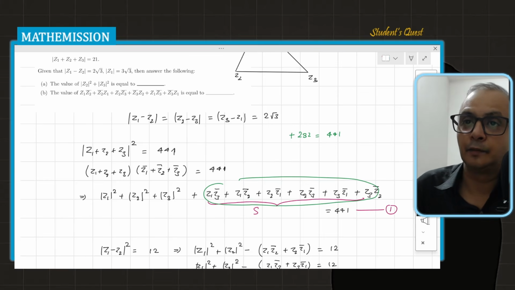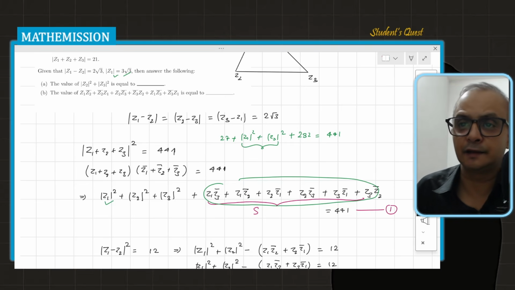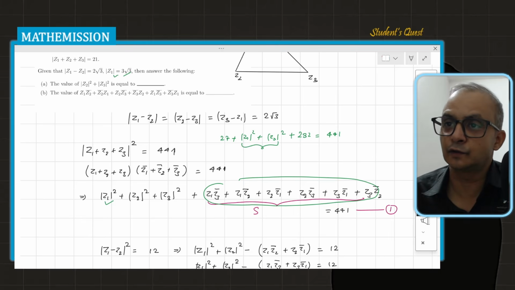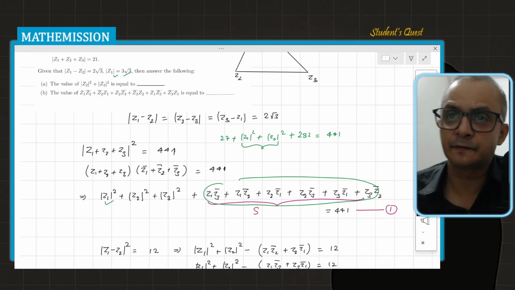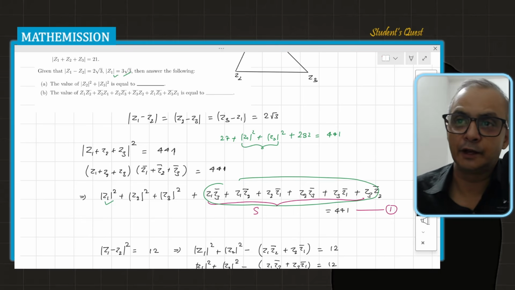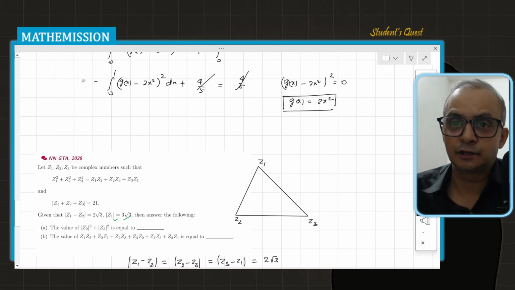And |Z1| is already given, so I can write |Z1|² as 27. And this is |Z2|² + |Z3|², so this I have to find out. Of course, a simple subtraction, so you can do it. So these are the 2 questions.